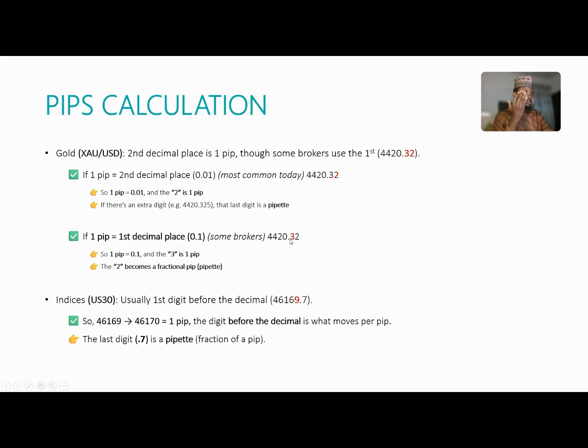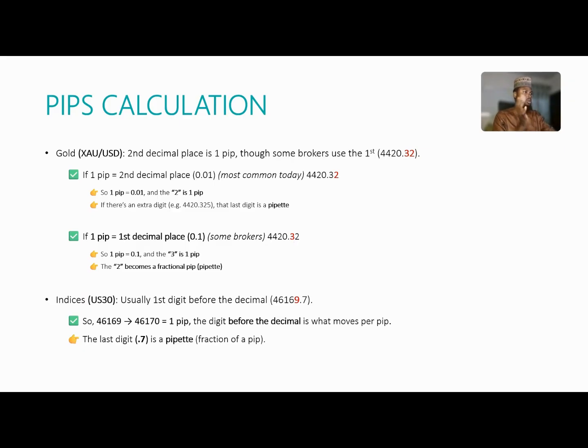So the first decimal number is 1 pip, and the second one is the pipet, the fractional pip. So 1 pip is equal to 0.1, and the number 3 here, based on this example.